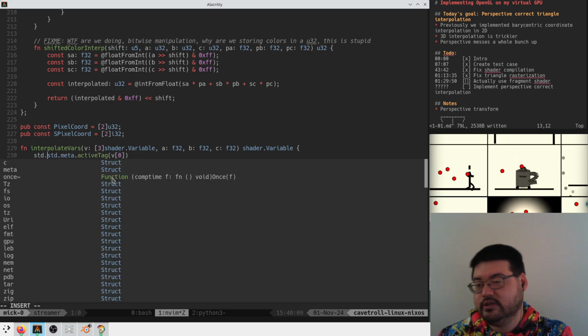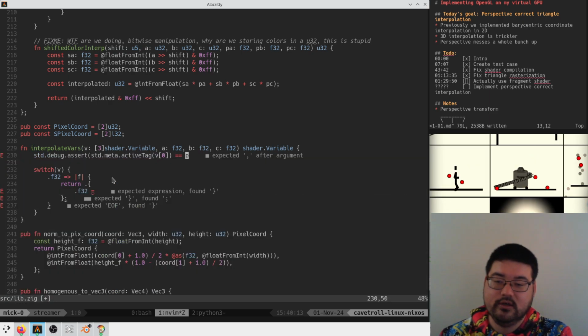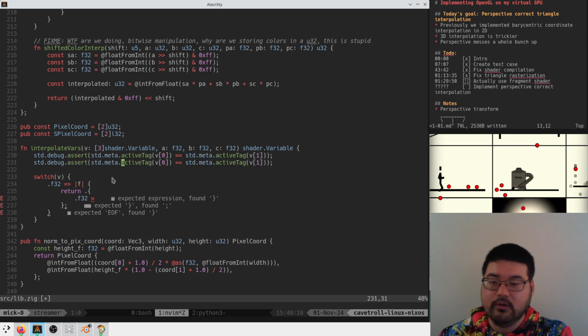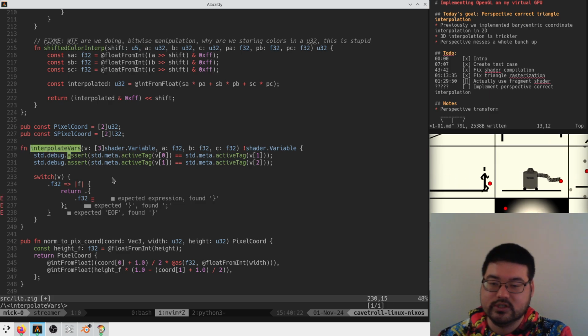So we want std debug assert that this is equal to this. We want all of these things to have the same tag. If they don't, it's a problem. And I guess asserting here is crazy. We can just fail if it's not true.